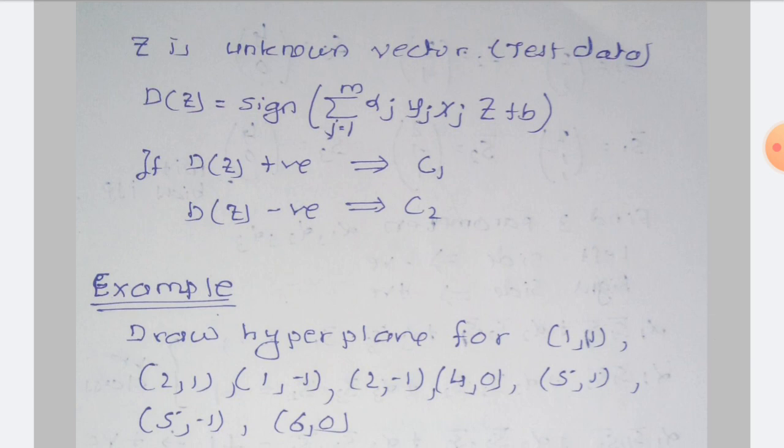The points are (1,1), (2,1), (1,-1), (2,-1), (4,0), (5,1), (5,-1) and (6,0). So a total of 8 points are given. Now we have to draw the hyperplane in this case, so let us see the steps.